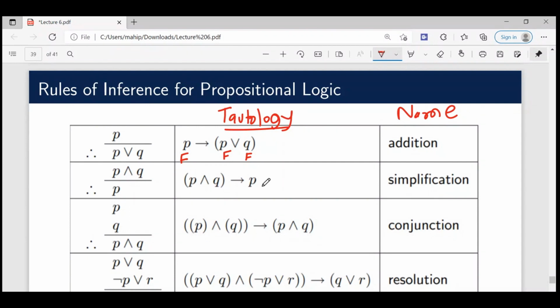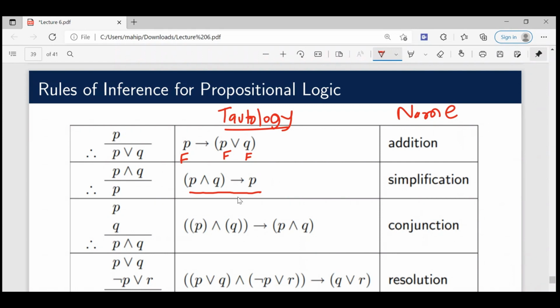How about the second one? P and Q, and from this we'll conclude P is true. So the equivalent compound proposition is P and Q implies P. This must be a tautology. Can anyone prove this?